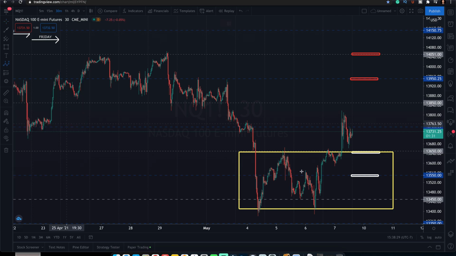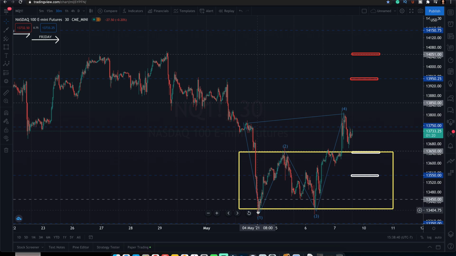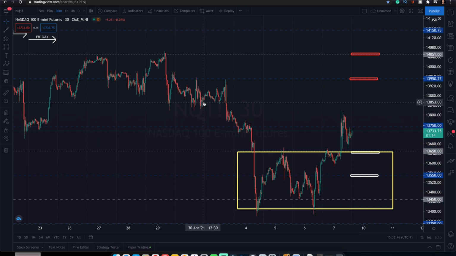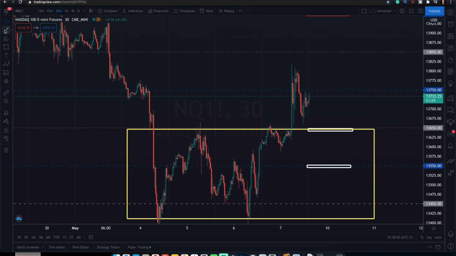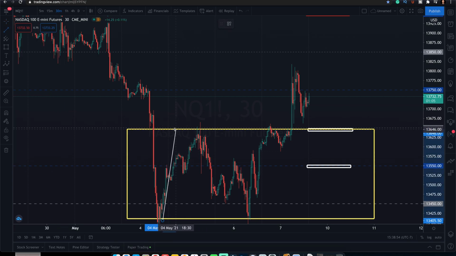We can use this too, I think. So this is exactly how a double bottom looks. We go down once, we go down twice and retest, and then we bounce. For double bottoms, usually the target is the exact same move projected to the upside, and that is this move right here.